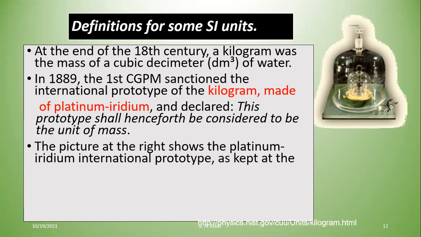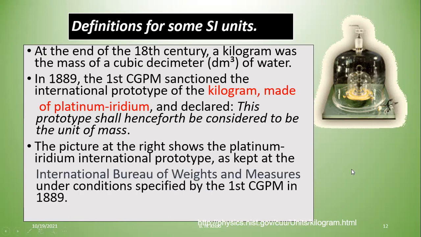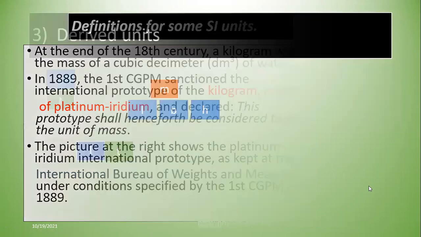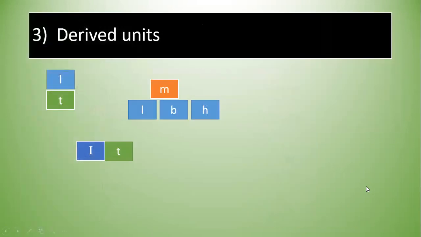It has to be protected because we don't want the kilogram to change. Right? This is a prototype, kept at the International Bureau of Weights and Measures under conditions specified by the society.